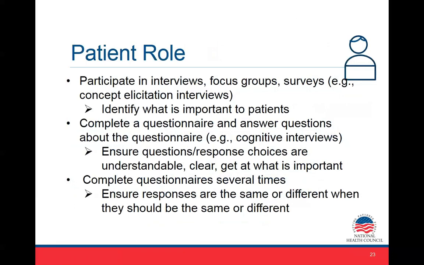We want to know, were the questions and the response choices understandable? Were they clear? Do they get at what's important? So we need the patients to be providing input into that. And patients would be needed to complete questionnaires at several times throughout the development of a new scale to ensure that responses are the same or different when they should be the same or when they should be different.